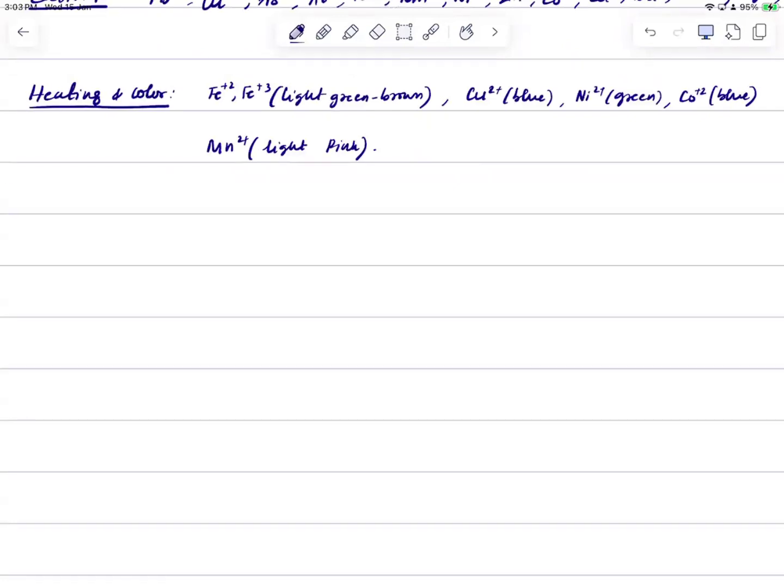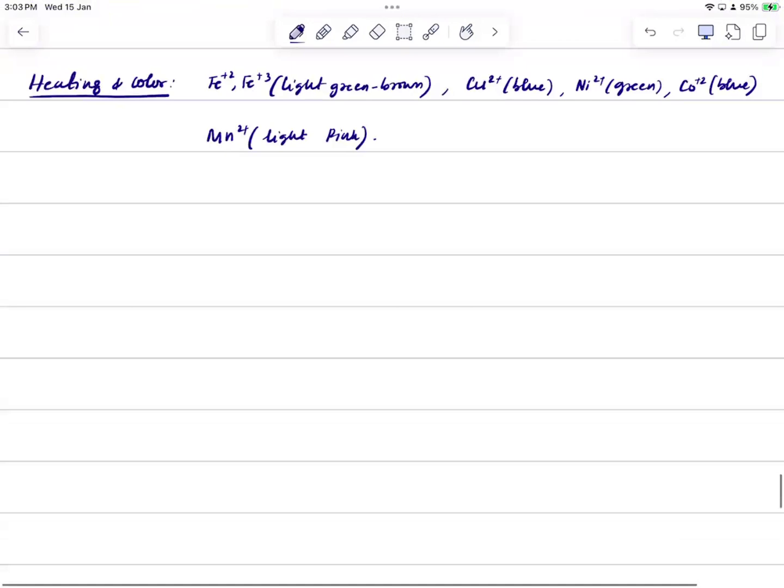Next, if you have different coloring on heating, clear? So in cold and hot, especially when it comes to oxidizing flame, okay. So in oxidizing flame, copper 2+, usually it is blue color, right? When it is cold, it is blue, and if it is hot, it is going to be white color.